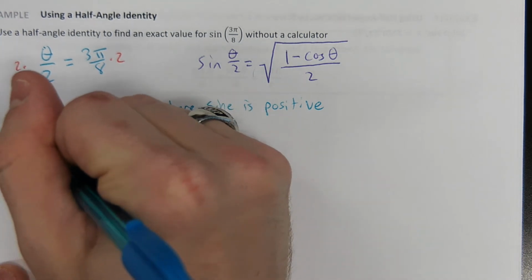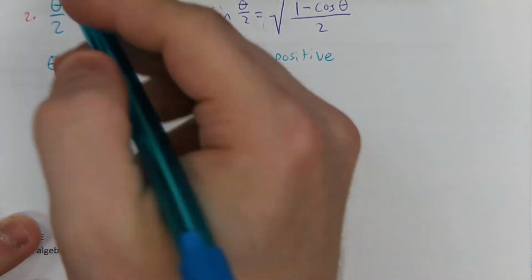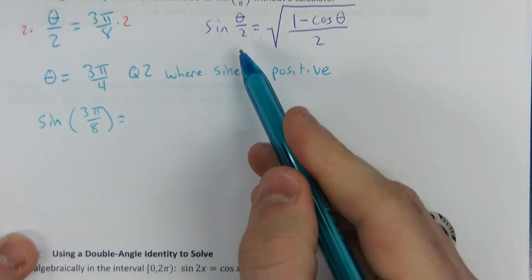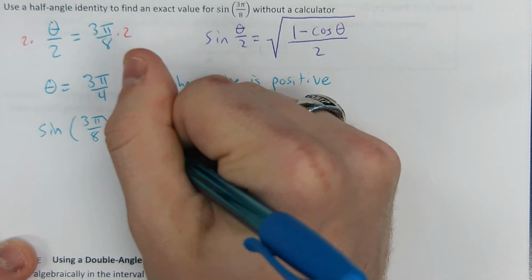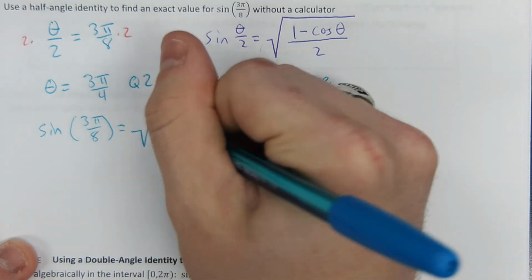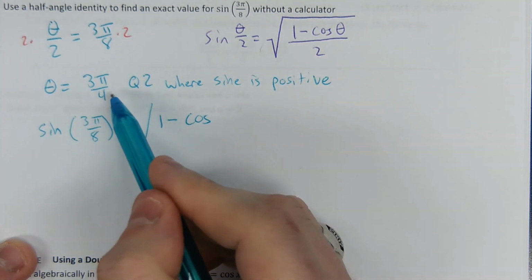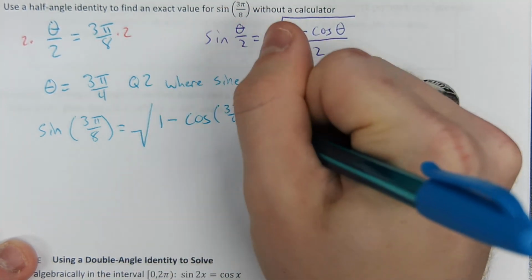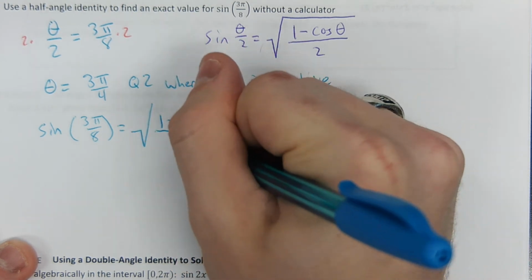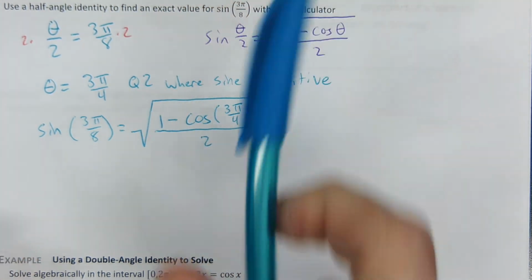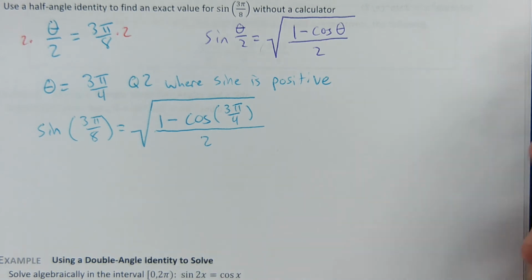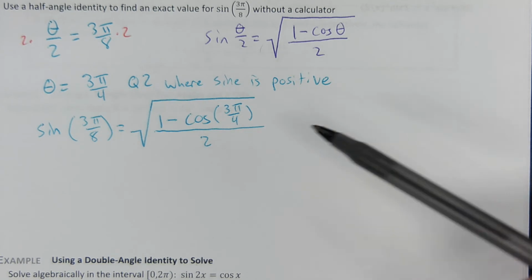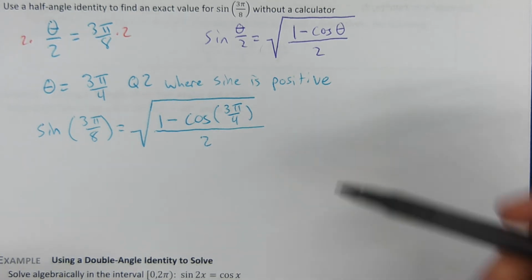Okay, so let's actually get to it. Sine of 3 pi over 8, which is this part of the formula, is positive square root of 1 minus cosine of whole theta, not half theta, 3 pi over 4 over 2. We've already identified this being in quadrant 2, so I will draw my 3 pi over 4 triangle in quadrant 2.